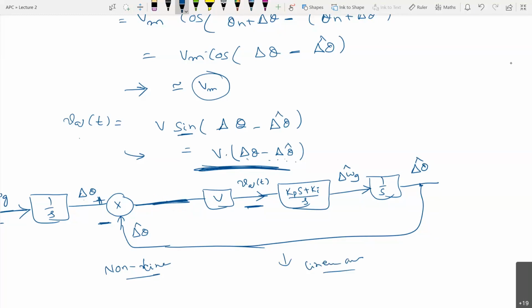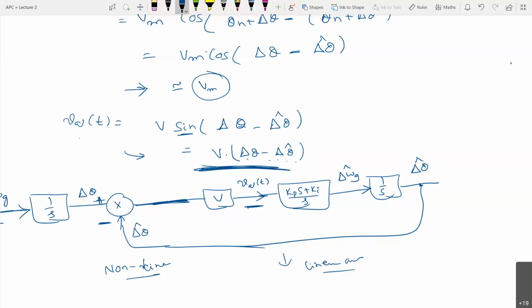Because sine theta equals theta when theta is very small, therefore we can neglect that. Clear? So this is the nonlinear and linear model.